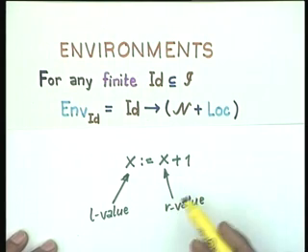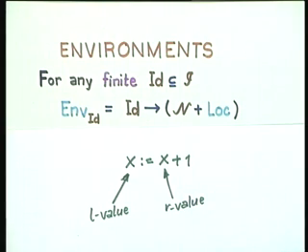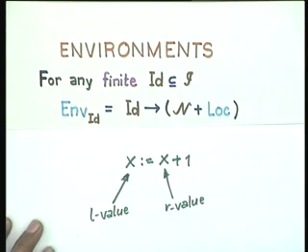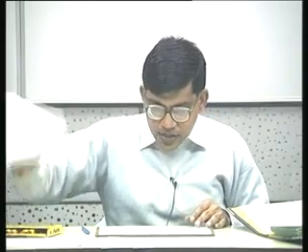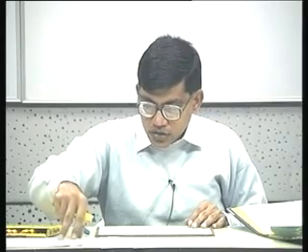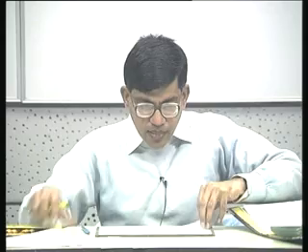So the context determines when you should take an L value and when you should take an R value. If it occurs on the left hand side of the assignment, then you are actually talking about a location. If it occurs on the right hand side, then you are looking at the value inside a location. So the set of all environments is just again the disjoint summation of all possible kinds of environments.